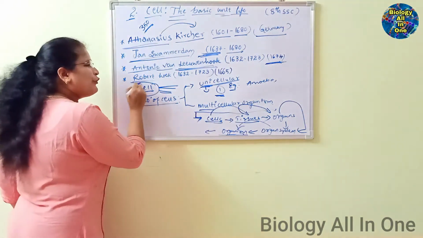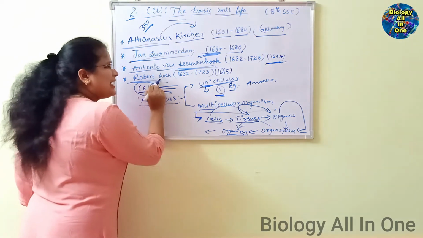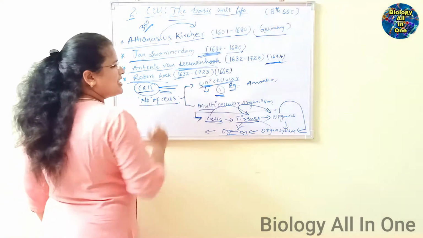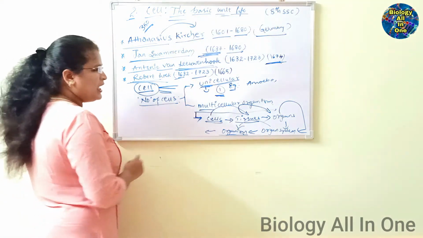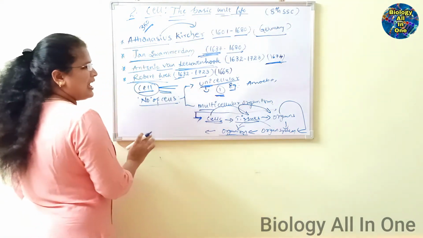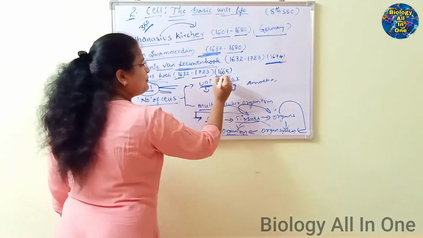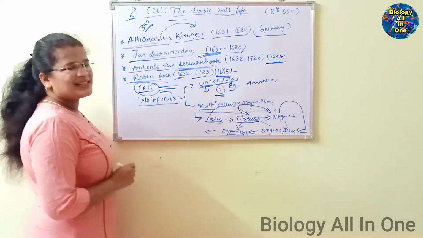But before him, Robert Hooke is the scientist, born in the year 1632 and died in the year 1723. He observed the cell for the first time in the year 1665.